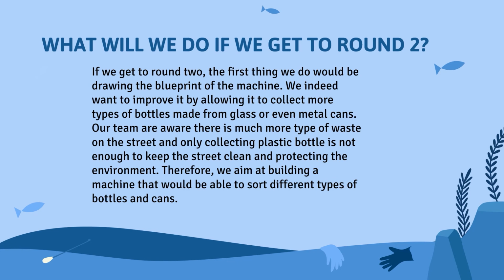Apart from plastic bottles, our main aim is always to keep the streets clean, and we try our best to limit the amount of waste on the streets to protect the environment.